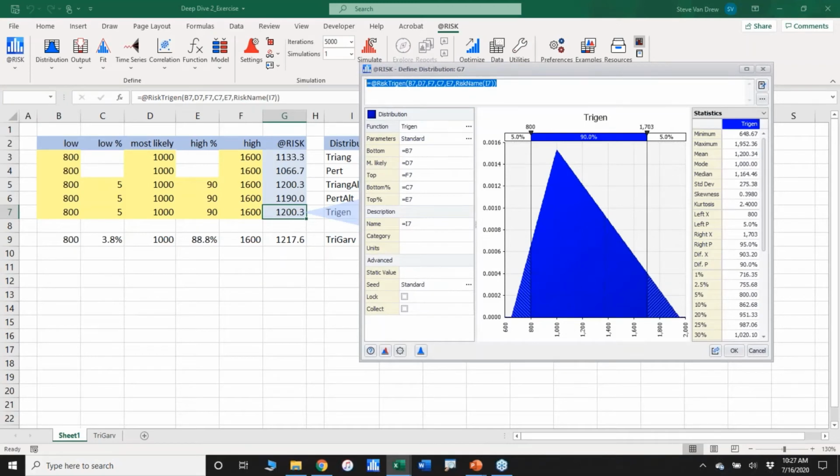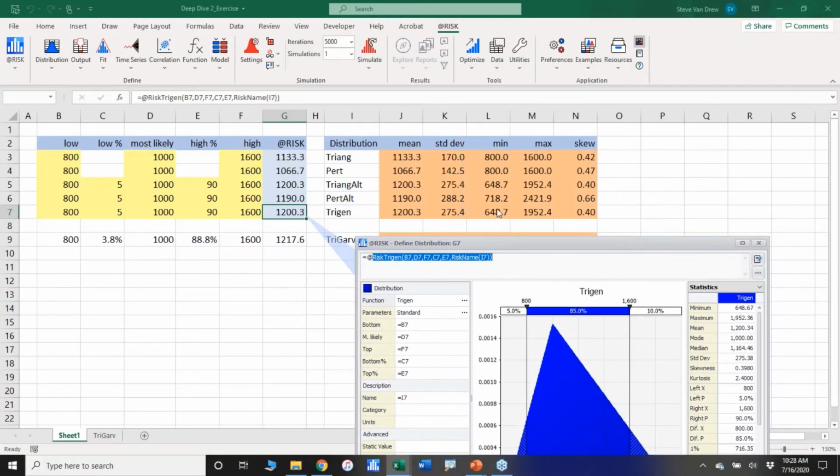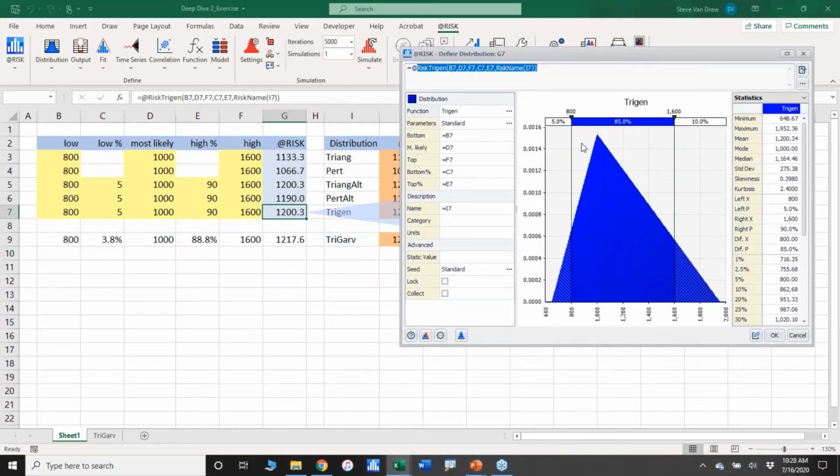So if I toggle this down, the quickest way to do it is just to make that 10%. If I leave 10% in the upper tail, you see that it needs from 1600 up all the way to 1952.36 to give me a tail with 10% in there. So that's what at-risk had to do, calculate a new min and a new max in order to work with 5 and 90% at the lower tail and the upper.